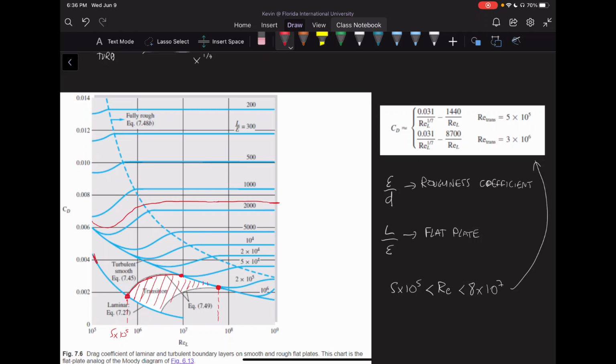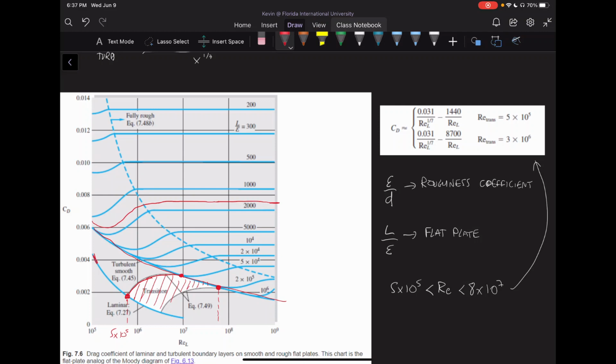As you can see, it's not even close to our transition region. Our smooth pipe, however, initially was on this line here. And since it was on this line here, we had the potential of it being in transition, which is why in part A we used the equation.